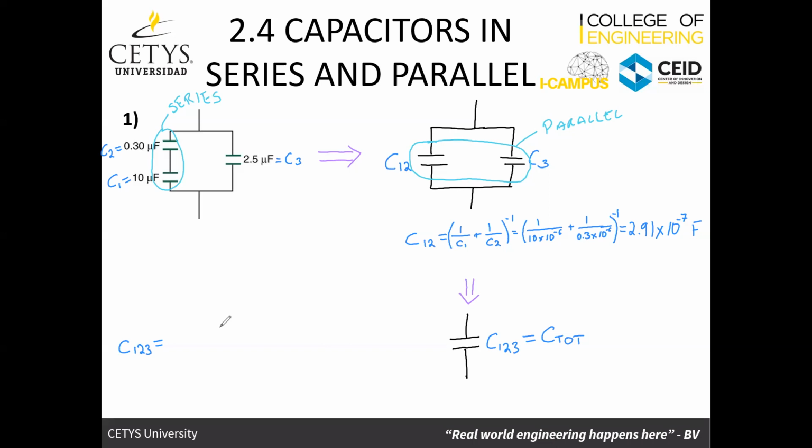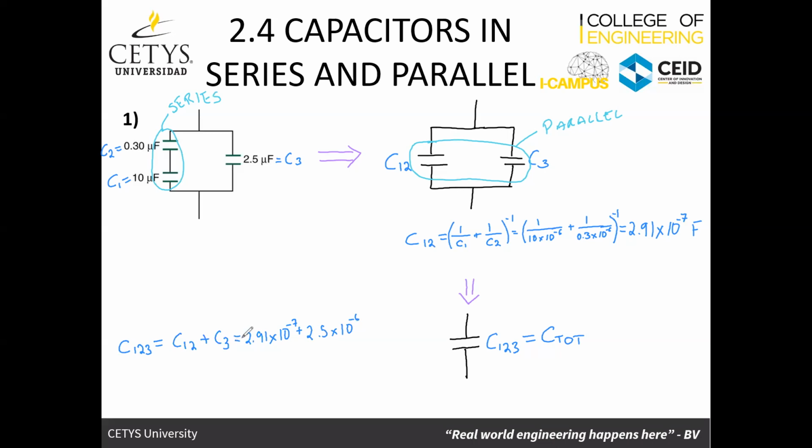If the capacitors are in parallel, how do we do the calculation? We just add the two capacitors. So in this case, C123 is going to be the capacitance of 1, 2 plus the capacitance of 3. And so this is going to be 2.91 times 10 to the -7 farads plus 2.5 to the -6.